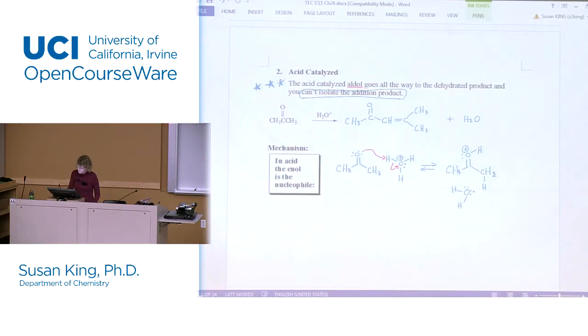All right, so we're going to make the enol. That's going to be our reactive intermediate.